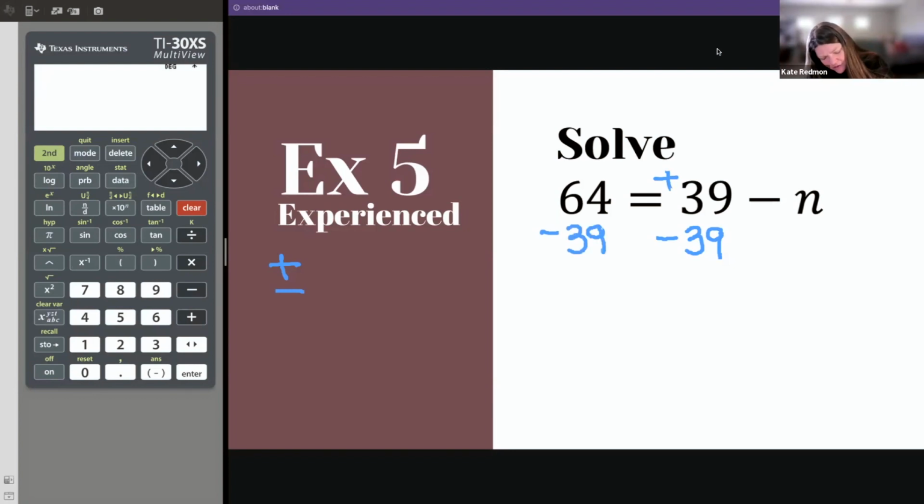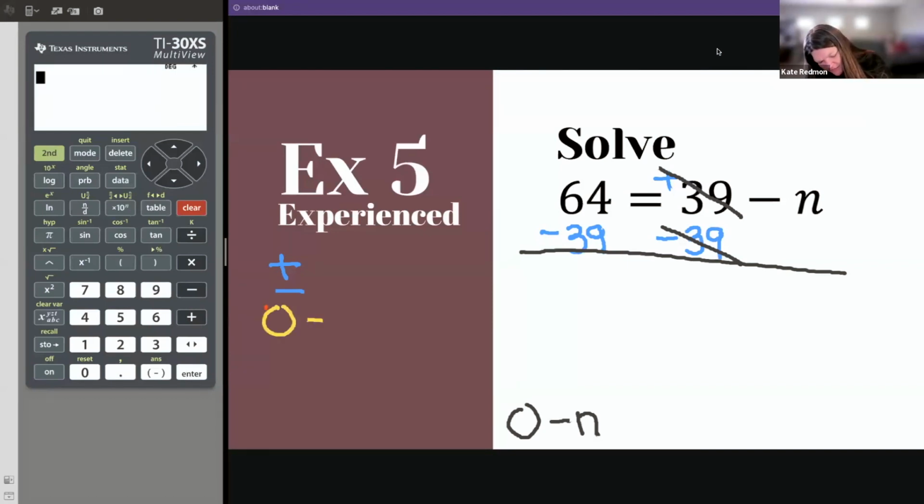And now look at what happens to my equation. Adding 39 and subtracting 39, that is 0. So it's like I have nothing, take away n. Well, think about what happens when you have nothing, 0 minus something. If I have nothing and I spend $5, I'm going to be in debt $5. It's like the 0 just went away.